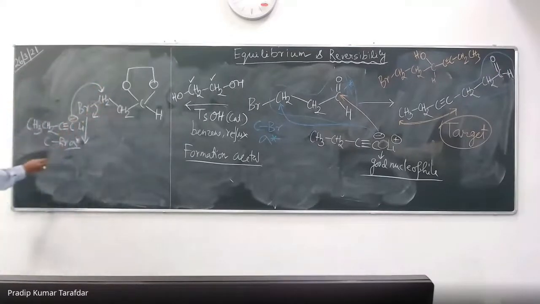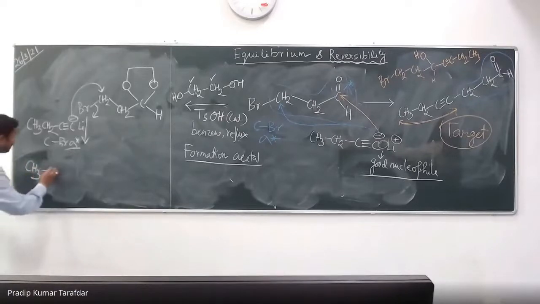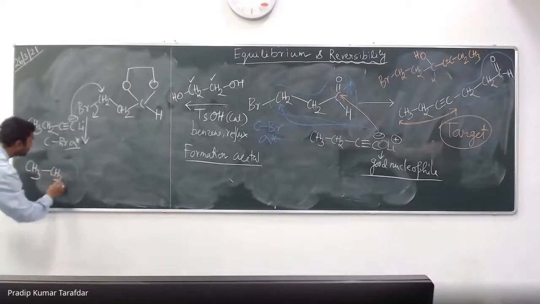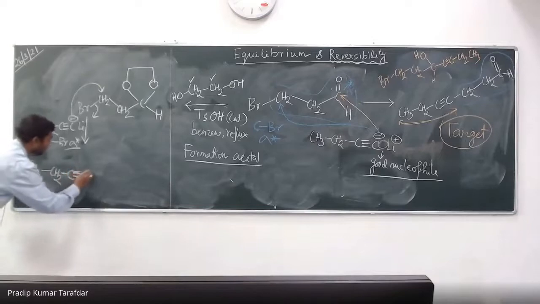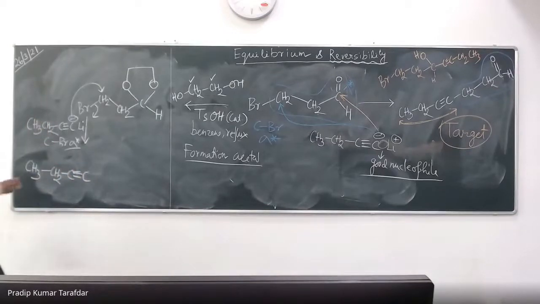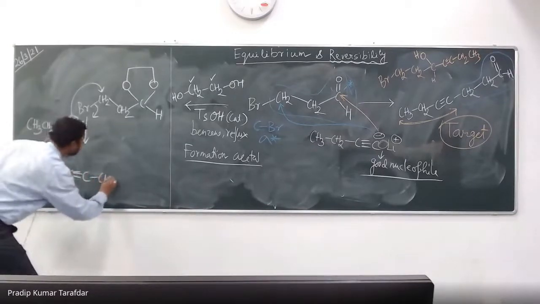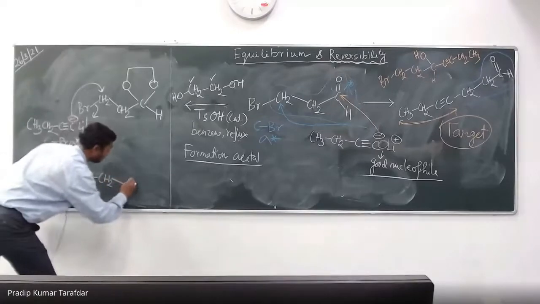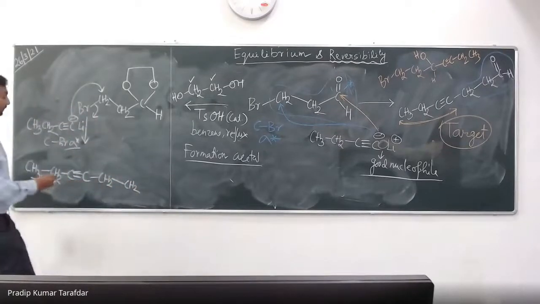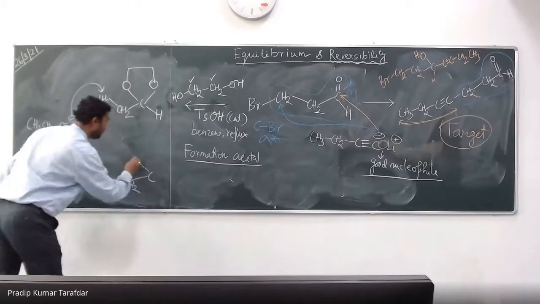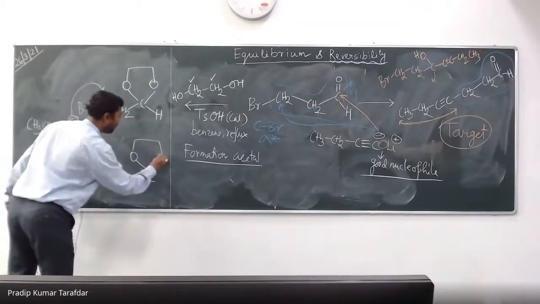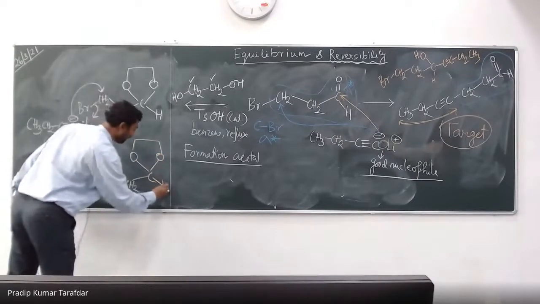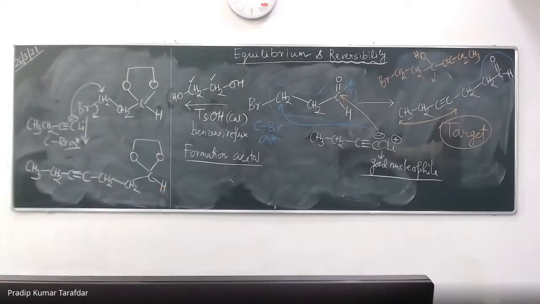So what you should get is this: CH3, CH2, C triple bond C, then CH2, then CH2, then C with oxygen, a 5-membered ring. This is my hydrogen. So this I should get.